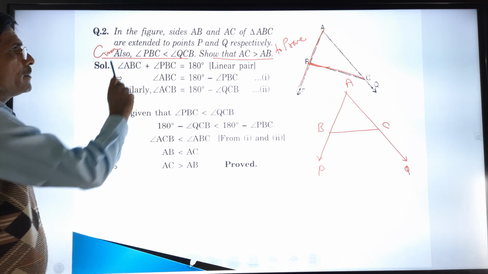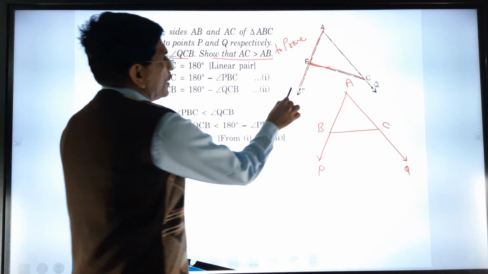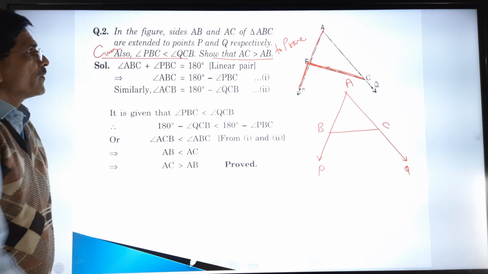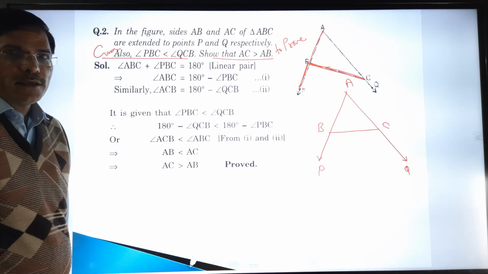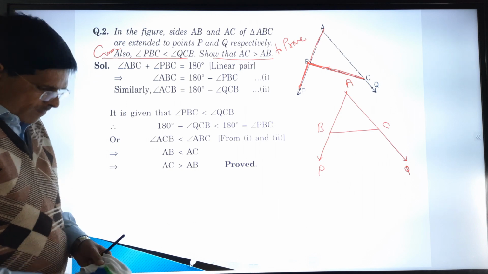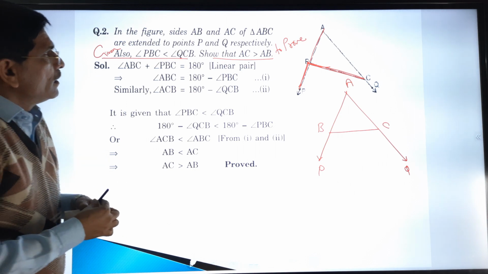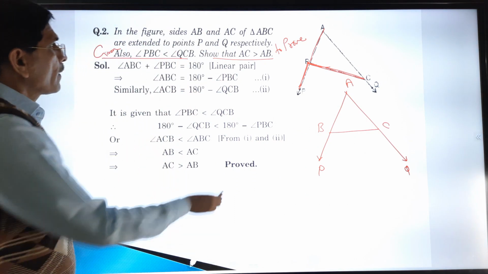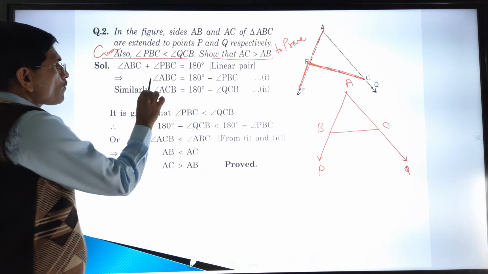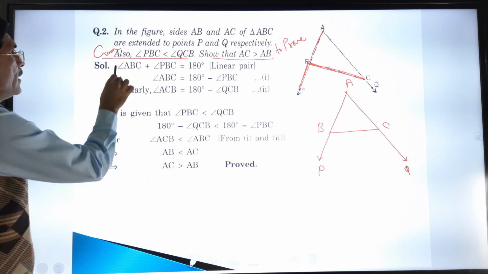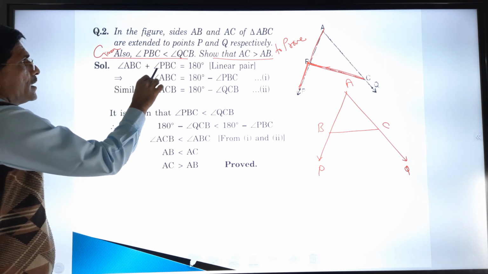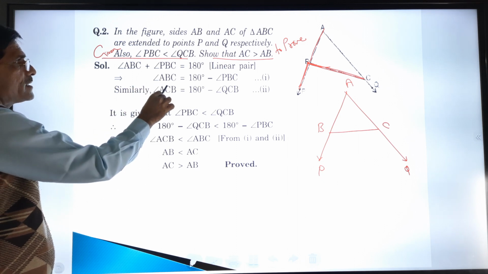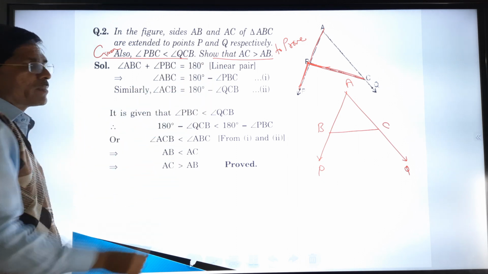So ABC plus PBC is a linear pair. We know that the linear pair sum is 180. Now next, that is equation number 1. ABC plus PBC is equal to 180. Then we can also write ABC is equal to 180 minus PBC.